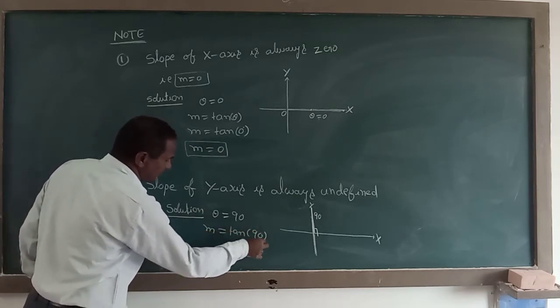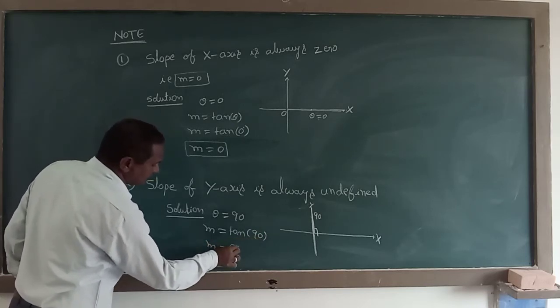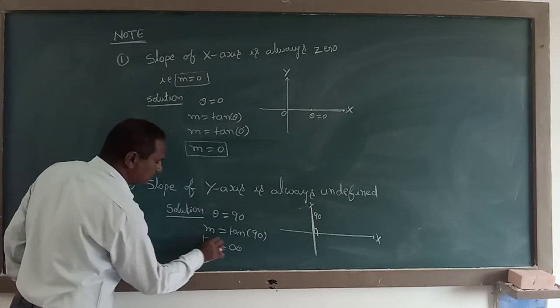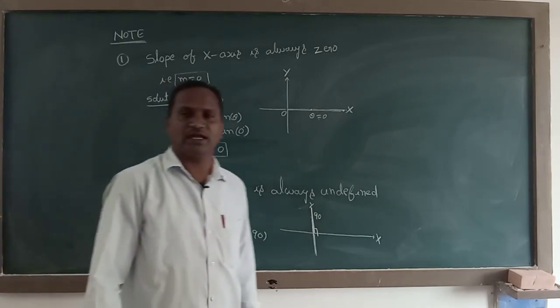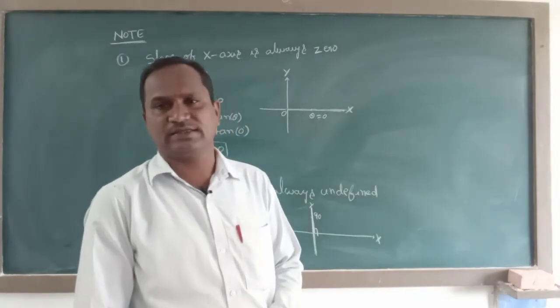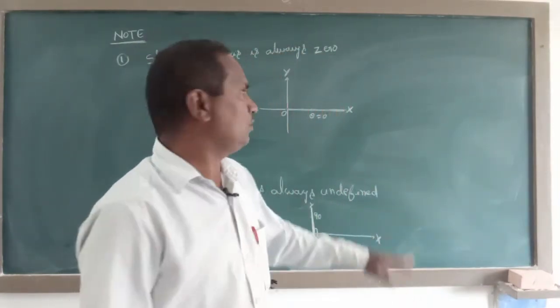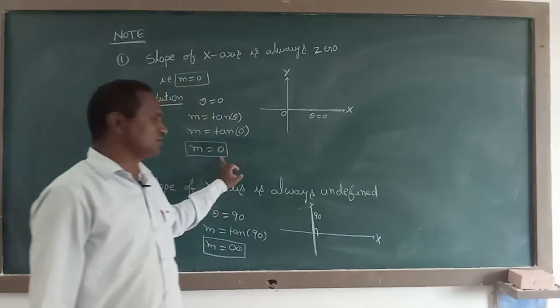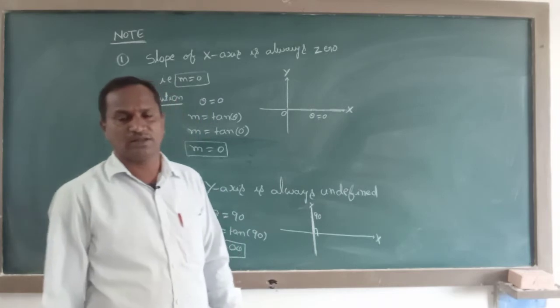The value of tan 90 is infinity, or we can call it undefined. That's why the slope of the x-axis is always 0, and the slope of the y-axis is always undefined.